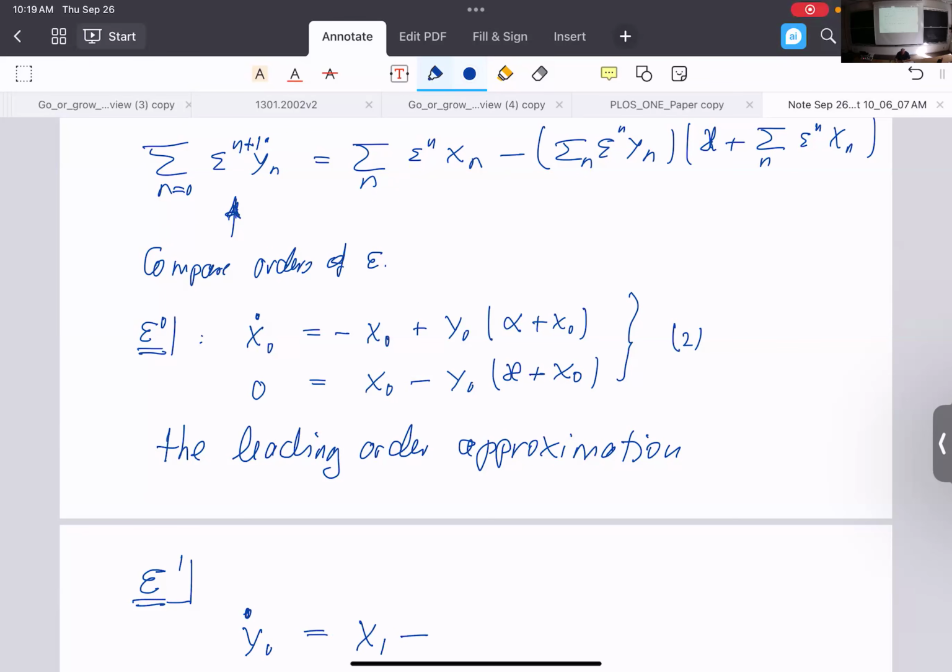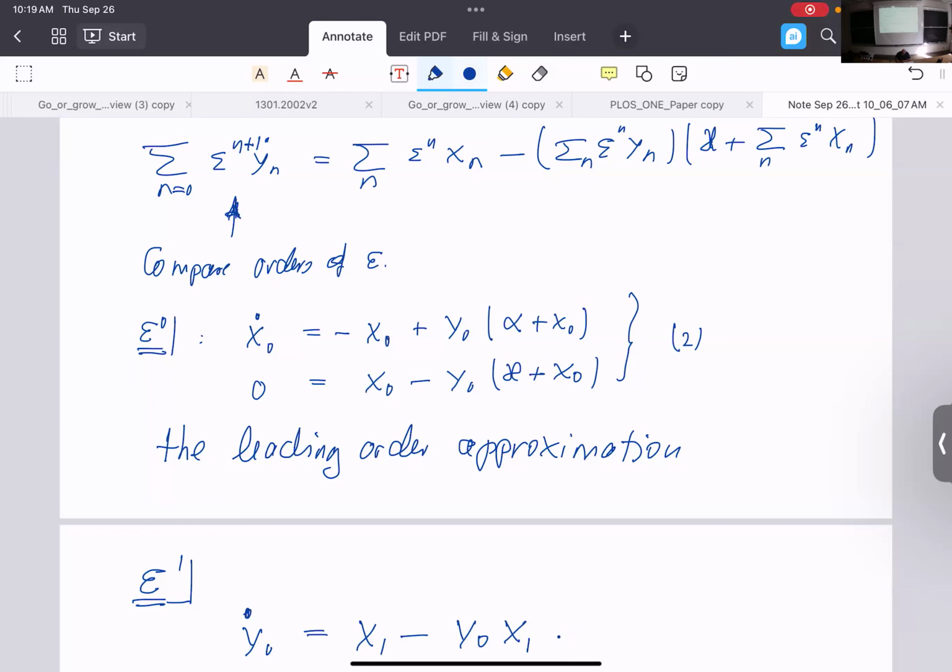And then here in this product, if we choose the epsilon to the 0 term, y0, then the kappa has no epsilon. And from the epsilon and xn, we can use the x1 term there, which has order epsilon to the 1.